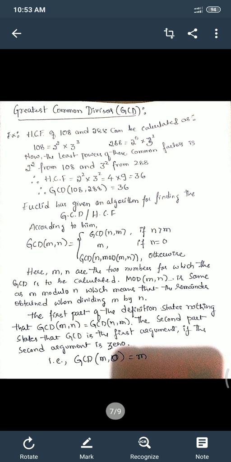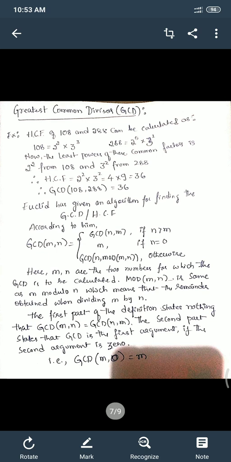I hope you understood. Euclid has given an algorithm for finding the GCD or HCF. GCD of m comma n equals GCD of n comma m, if n is greater than m.